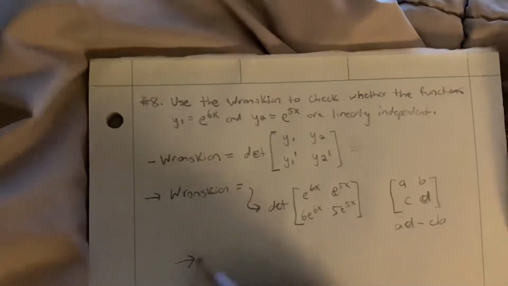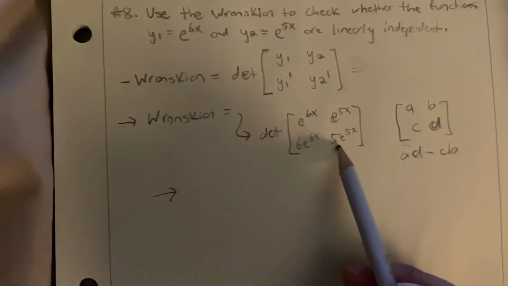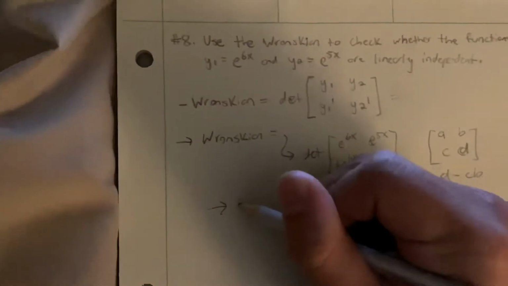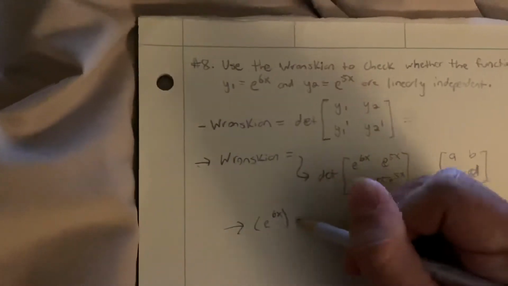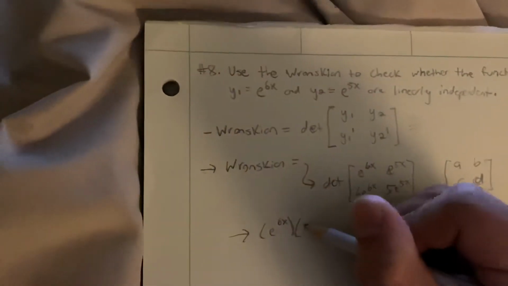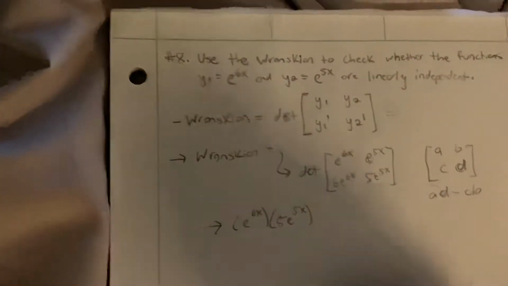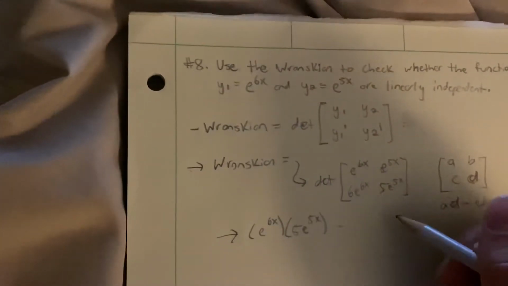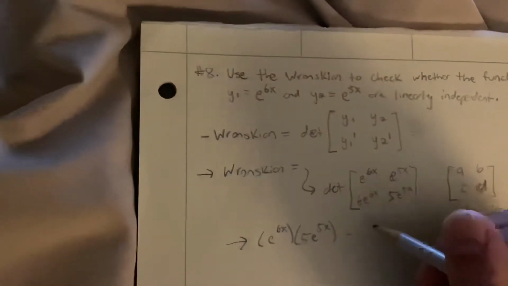Sorry, I said a times c at first, but it's a times d minus c times b. So what we get here is e to the 6x times 5e to the 5x minus e to the 5x times 6e to the 6x.